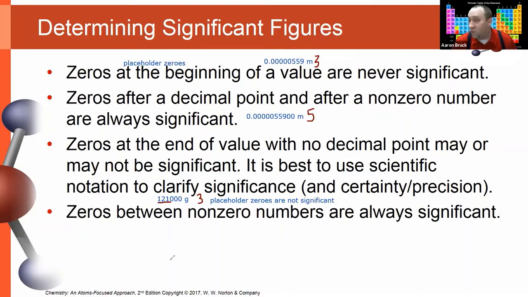Problem is that's not always the case. Sometimes those zeros are significant, sometimes they are not. This is when it is best to use scientific notation, because scientific notation will always show the correct precision, because every digit in scientific notation is a significant digit.